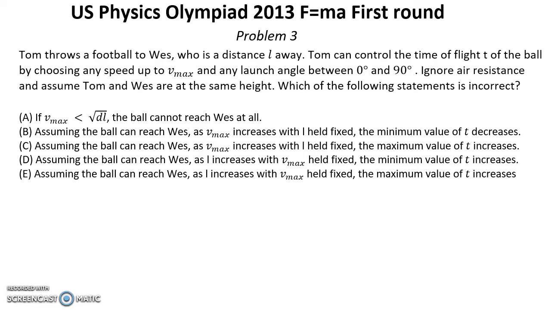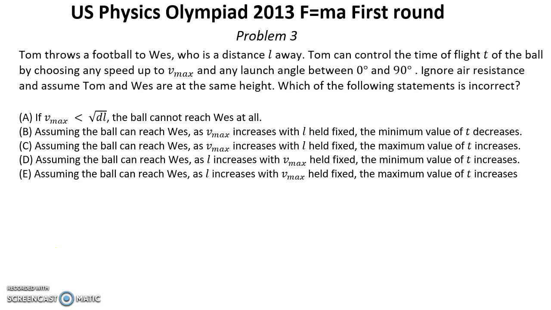D. Assuming the ball can reach Wes, as L increases with V maximum held fixed, the maximum value of t increases. E. Assuming the ball can reach Wes, as L increases with V maximum held fixed, the maximum value of t increases.